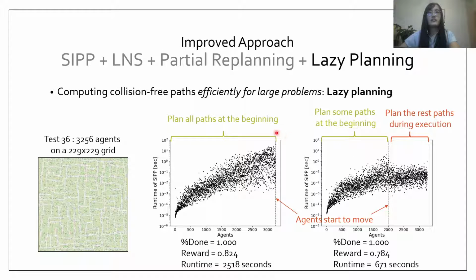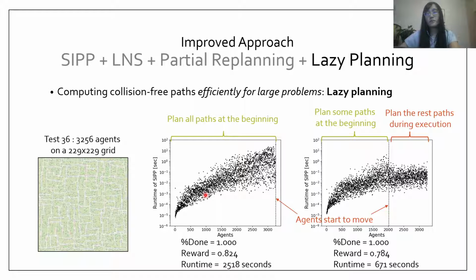The last improvement is about solving very large problems. In Flatland challenge, we could have instances that contain more than 1,000 agents. And running prioritized planning for thousands of agents itself is very time-consuming. Like this figure shows, at the very beginning, the runtime for each agent is very low.